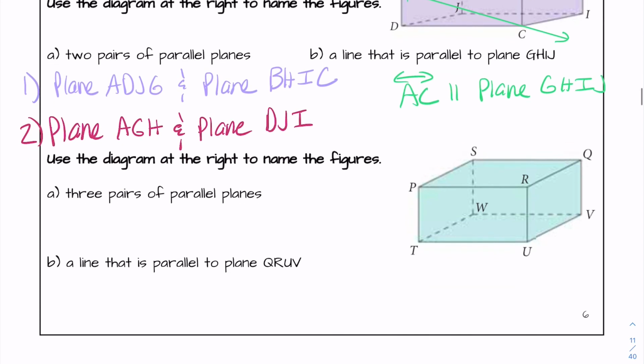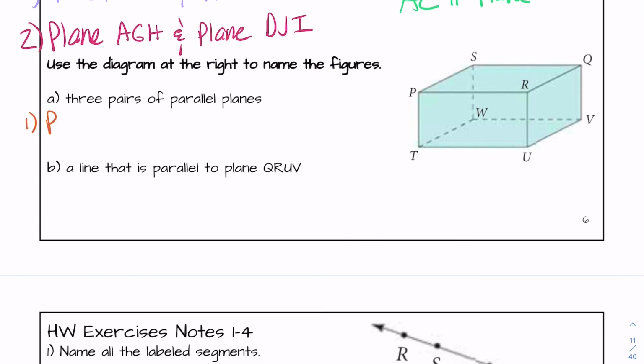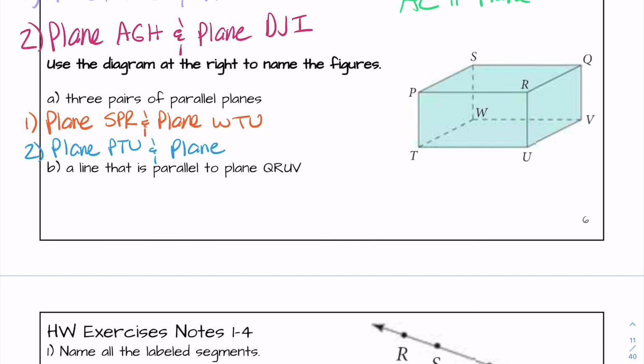Oh boy, this one, all right, this is everything we got. So one, I'll say plane SPR and plane WTU. The second one will be plane PTU and SWV.